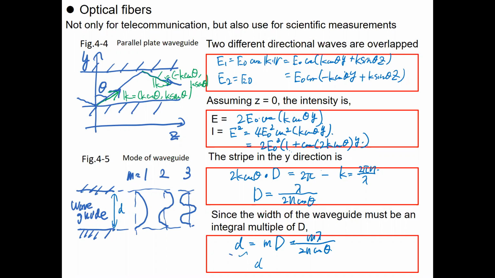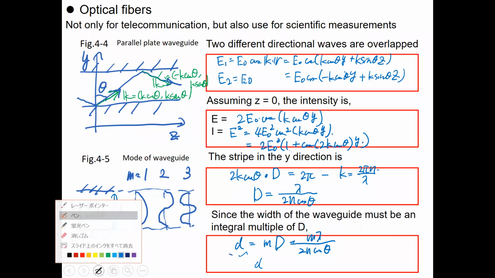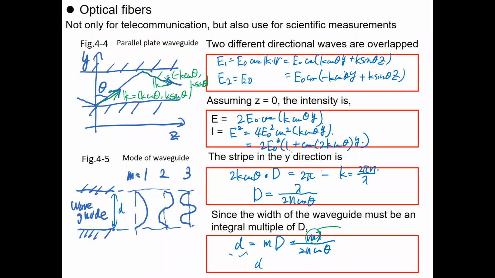And this m is called the mode number of the optical field inside.